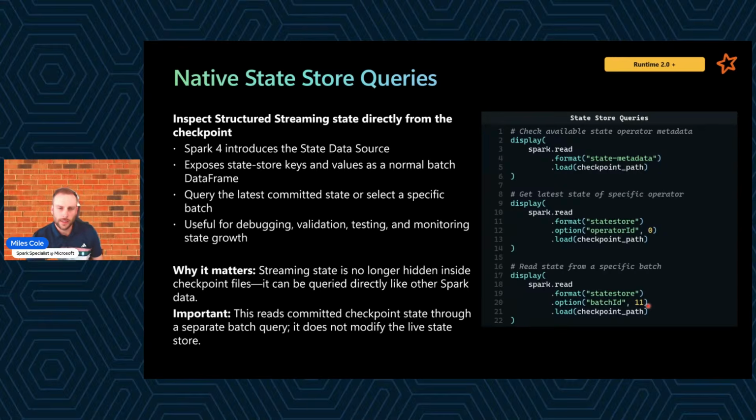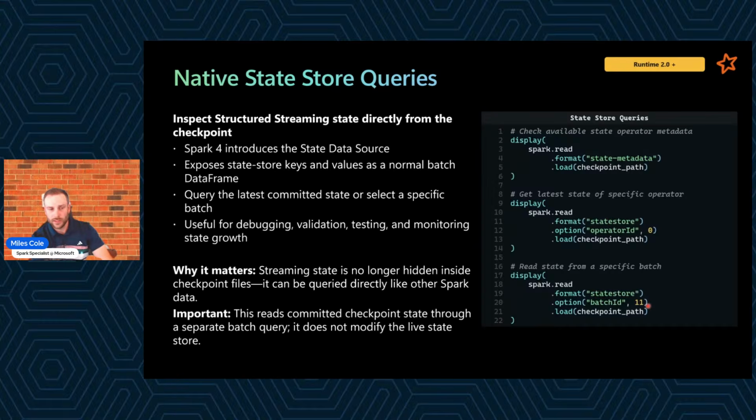But one thing I did want to highlight here is native state store queries. So pre-Spark 4, when running structured streaming queries, you run blind to the state of a streaming query if you are not running in the active Spark session.